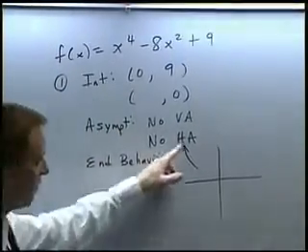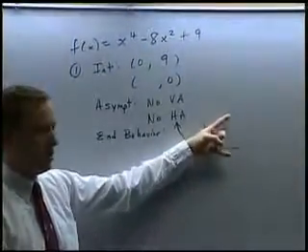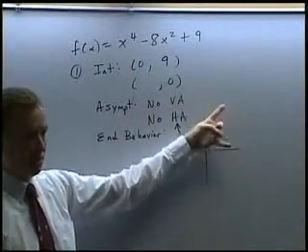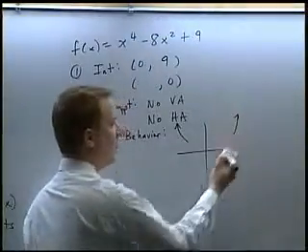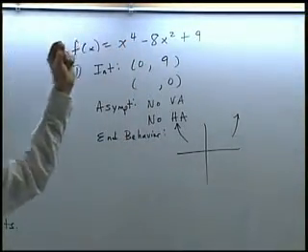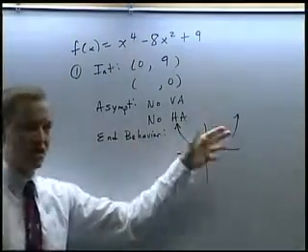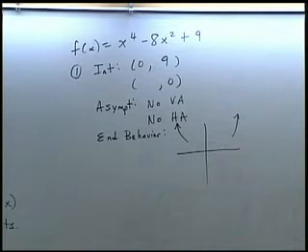But positive x to the fourth starts at the top. We don't know what's going to happen in the middle. Where does it end up? Top, right? Because positive x to the fourth is a lot like positive x squared in that both branches go up to infinity. So we have a little bit of an idea about the end behavior of this graph as well. So that's step one: just analyze the original function and get as much nice stuff as you can out of it.